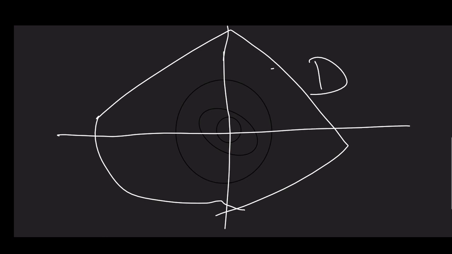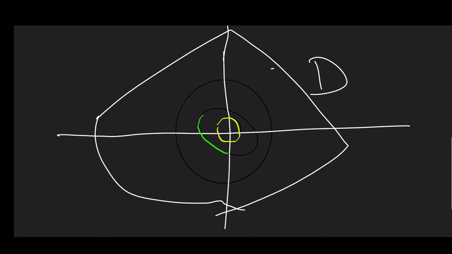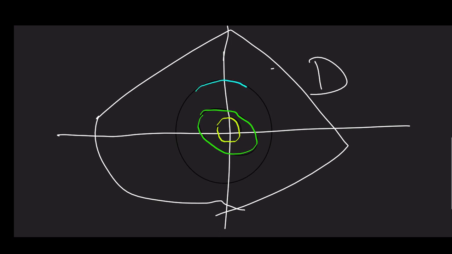Now let me draw the axis. Let me use a different color to make you understand. Right. Now who are they?